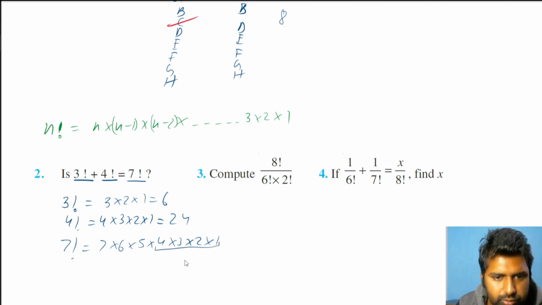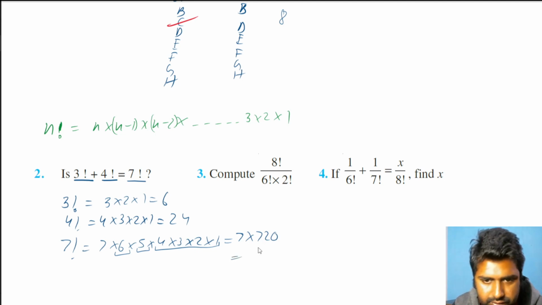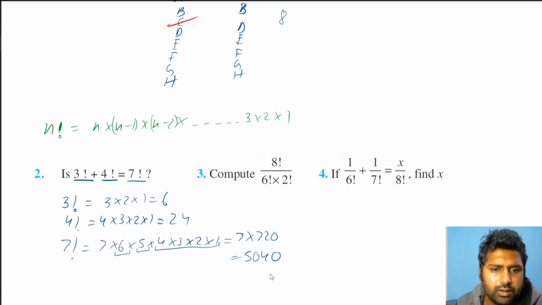Till 4 we already know it's 24. 24 into 5 is 120, into 6 is 720, so basically 7 into 720, which is 5040. So now think, really, is 3 factorial plus 4 factorial equal to 7 factorial?